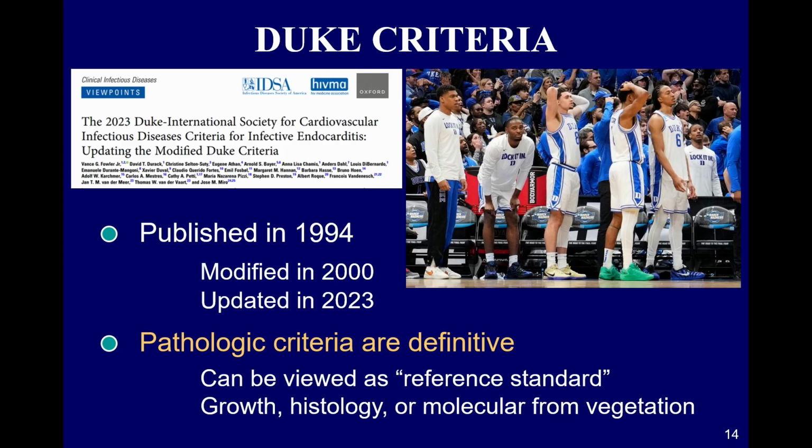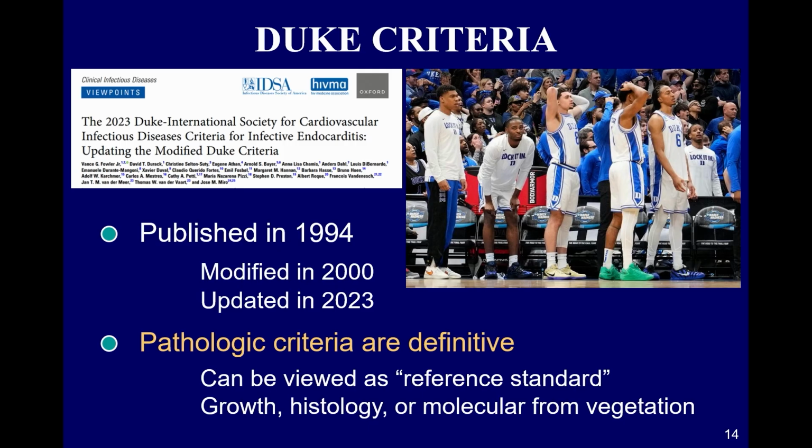According to the Duke criteria, there's only one true reference or gold standard for diagnosis of endocarditis, and that actually comes from valve tissue itself, either extricated in surgery or done by autopsy, right? So if an organism is grown or detected maybe by molecular techniques directly from the heart valve, that is the pathologic or the reference standard for endocarditis.